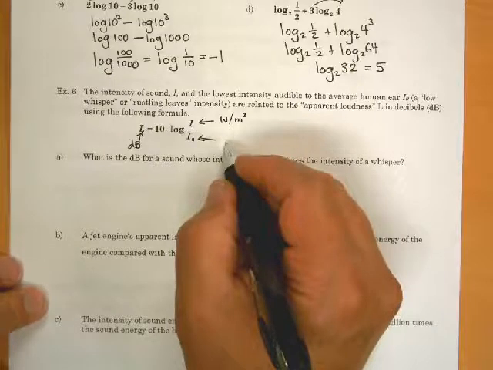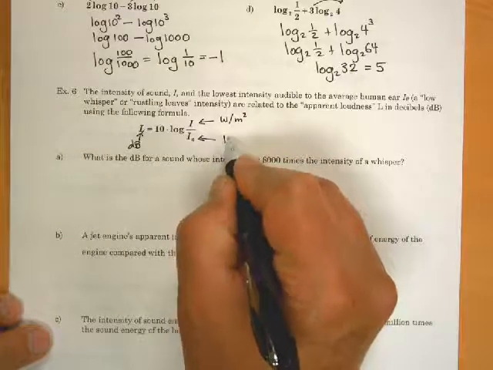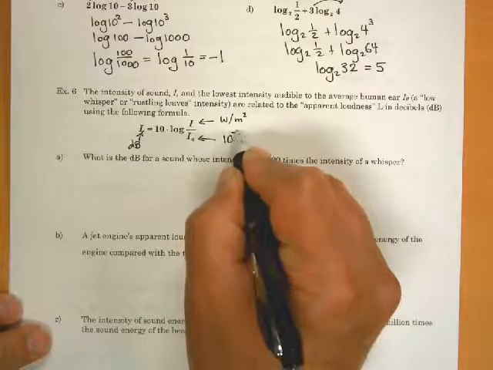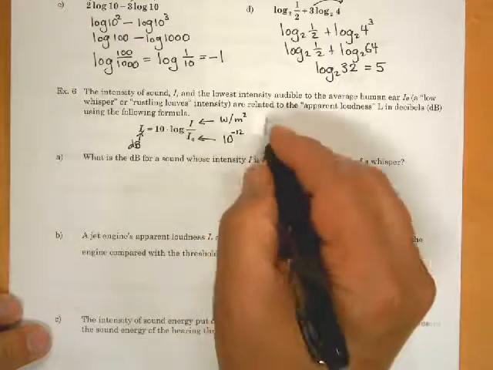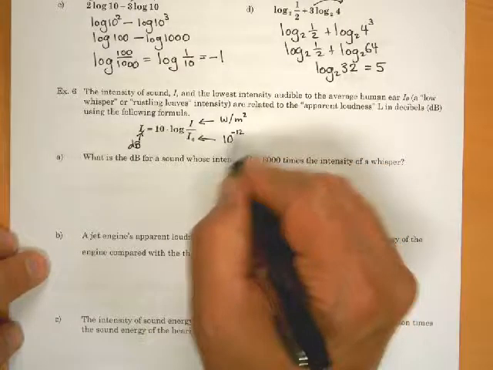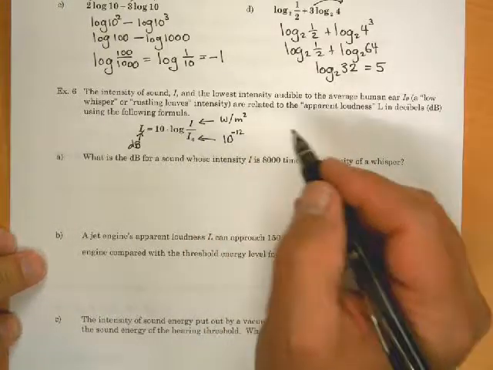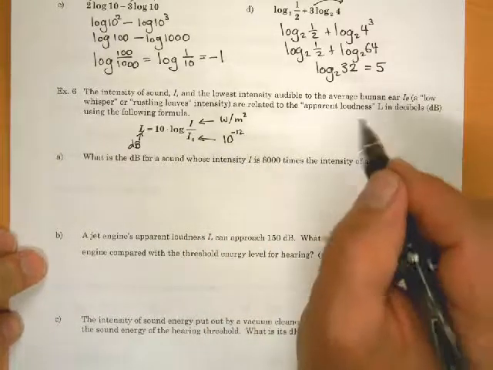It's the smallest amount of energy that hits the ear that you'll be able to hear. And that's always 10 to the negative 12th watts per square meter. So very, very small. A trillionth of a watt per square meter has to hit your eardrum before you can hear a whisper, or rustling leaves is sometimes the expression.